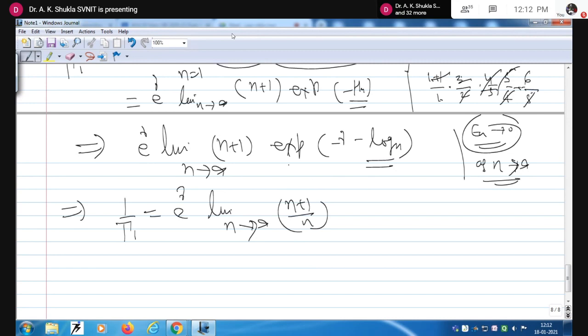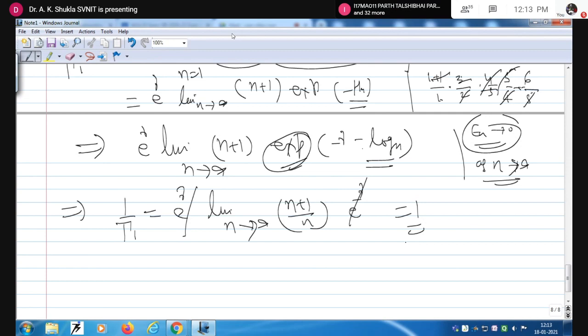Because this is an exponential and this is a log, the log will cancel out, so finally you will get minus n plus 1. This is the exponential of this, and ultimately this comes in the denominator. Here we write minus gamma, and this cancels out when you put the limit. So that gives 1.